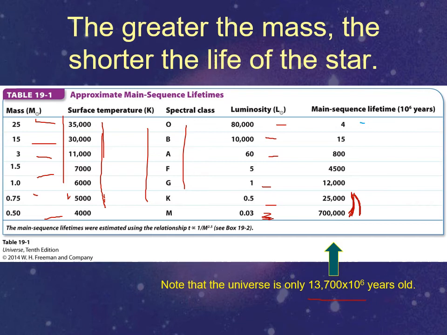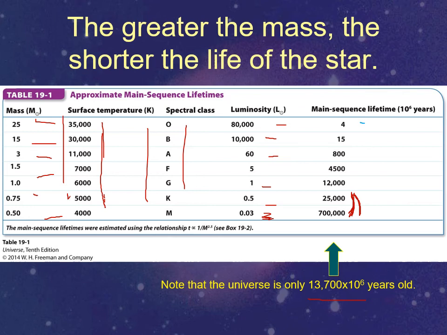Now, that doesn't mean they're older than the universe. That means that it would take them many times the age of the universe to die. For example, one of our nearest stars in space, Alpha Centauri, is part of a triple star system, and the smallest star in that system, Proxima Centauri, is actually the closest one to us, and it turns out that that star itself would live about somewhere around 50 times the current age of the universe.